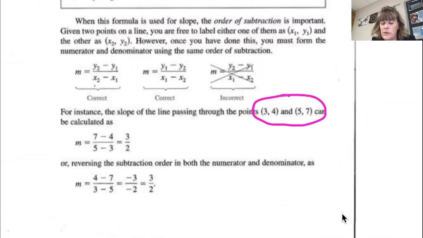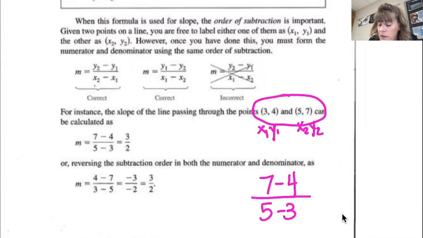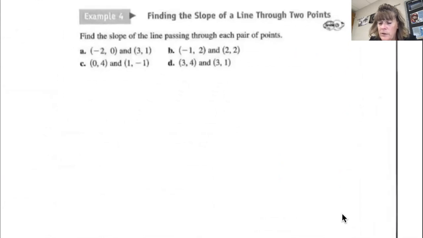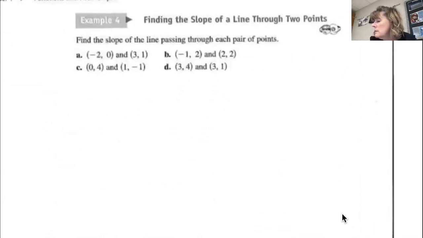What's the slope of the line that passes through those 2 points? Well, if we name this x1, y1, and x2, y2, then we would take 7 minus 4 over 5 minus 3, which would be 3 over 2. Okay, so again, not something that is new and crazy, just a bunch of review.